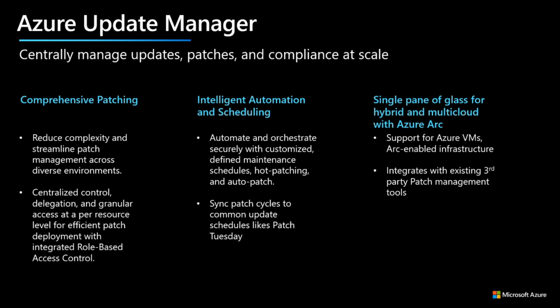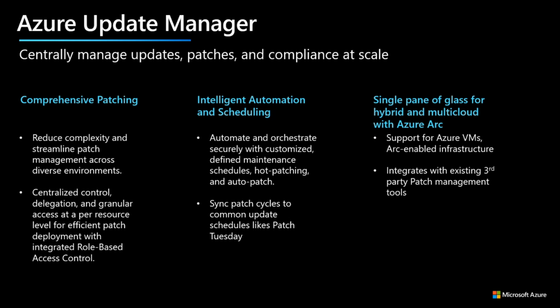centrally manages updates, patches, and compliance at scale, reducing the complexity, and you can also patch diverse environments really quickly. Also, you can get centralized control, delegation, and granular access, including intelligent automation and scheduling, meaning that you can now automate and customize the maintenance and patches according to your schedule.